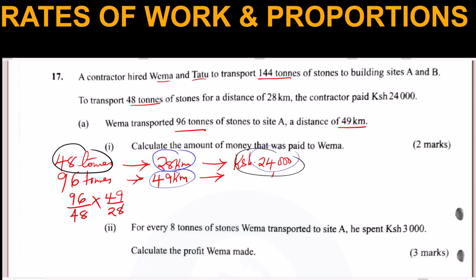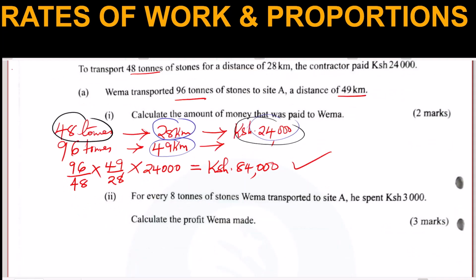And we multiply by the amount, 24,000, to get the amount paid to Wema. Working this out with a calculator, you'll get 84,000 shillings. That is the solution for the first part, the amount paid to Wema for transporting 96 tons for a distance of 49 kilometers.